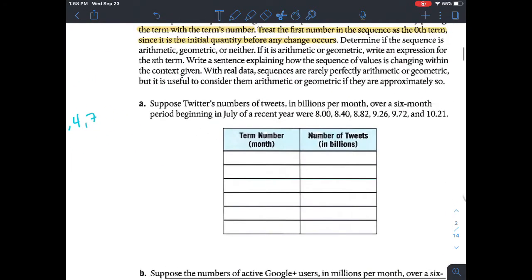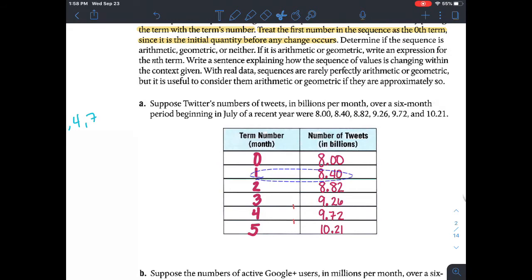So our term number, month 0, our initial month when we first started counting, was 8 billion tweets. Month 1, so this would be August, is going to be 8.4 billion. September, October, November, and December listed there. Hopefully that wasn't anything too bad.